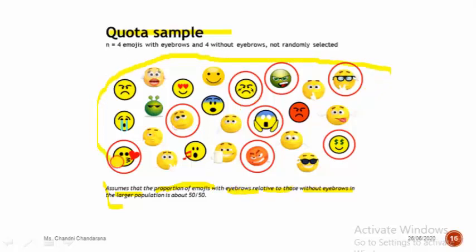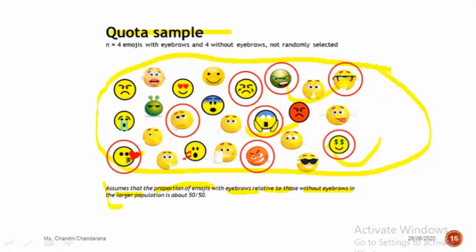There are some emojis having eyebrows and some emojis that don't have eyebrows. We have this population, with different types of emojis. Now we have to make a quota. What is our target? We have to make a quota for emojis which have eyebrows and emojis which don't have eyebrows. So here you can see 4 emojis with eyebrows and 4 emojis without eyebrows.